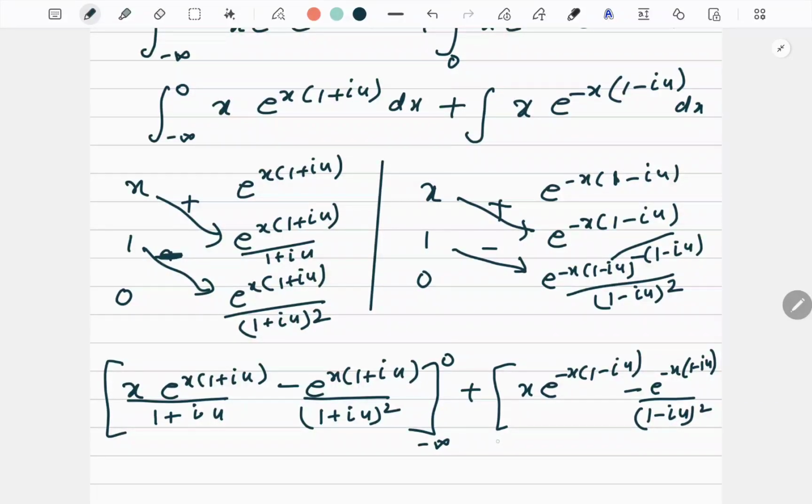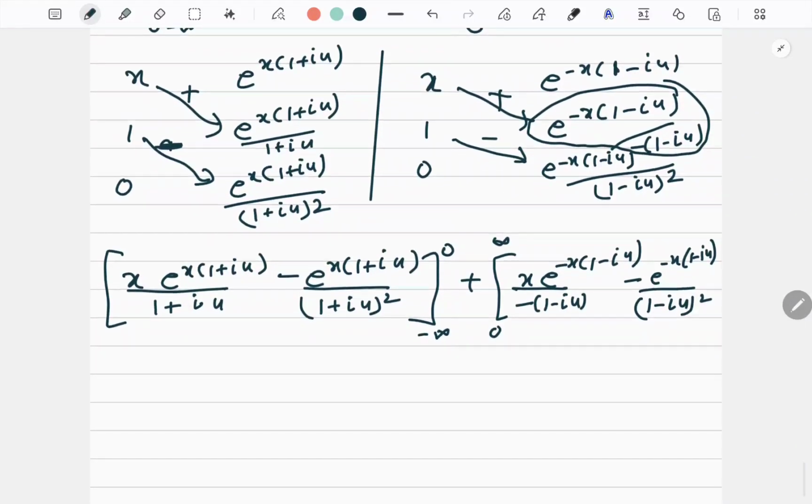And the limit is from 0 to infinity. Correct? Okay. Wait, I forgot to write one term. So this has to go with this. So here minus (1 minus iu). This term is same. Right? This is one term. So I got the integrals.